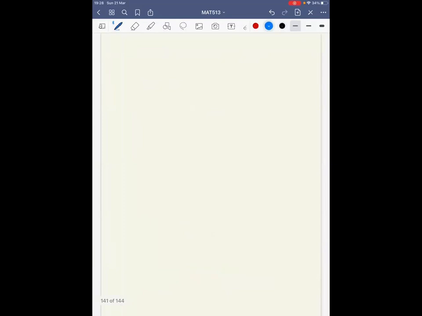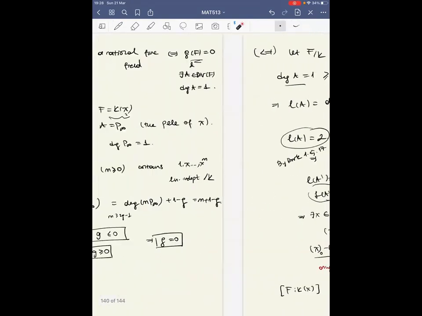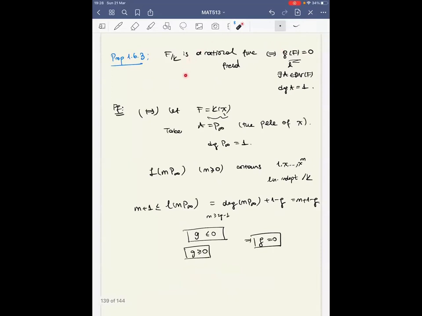However, at this point, it's worth pointing out that this proposition gives us the characterization of the rational function field. But to conclude that a function field is rational, it's not enough to have genus 0.